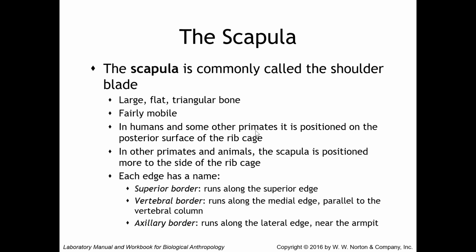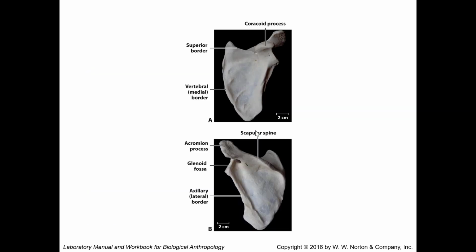Each of the sides or the edges have a name. So if we're going to look at a scapula, you've got the superior border up at top. This runs along the superior end. You've got the vertebral border or the medial border. It runs along the medial edge parallel to the vertebral column. And then you have the axillary border, which is on this side. You can see this here on the other side.